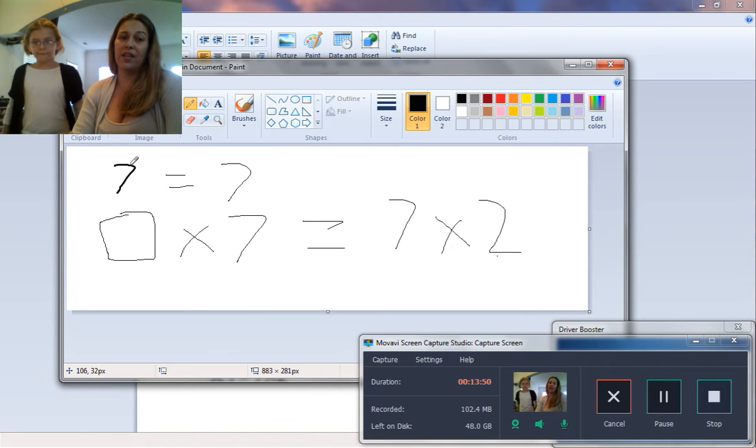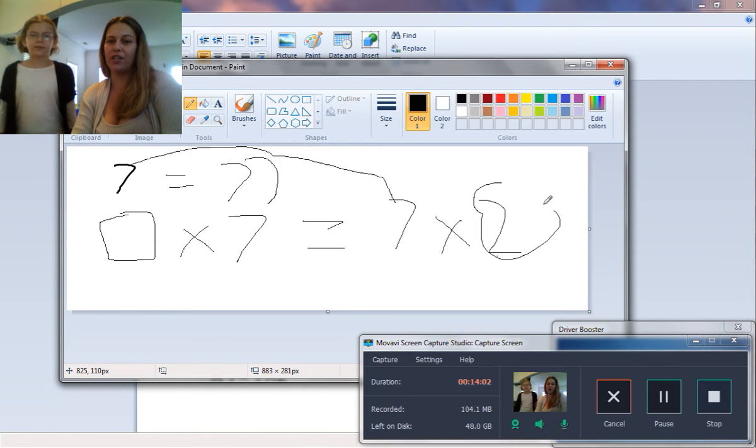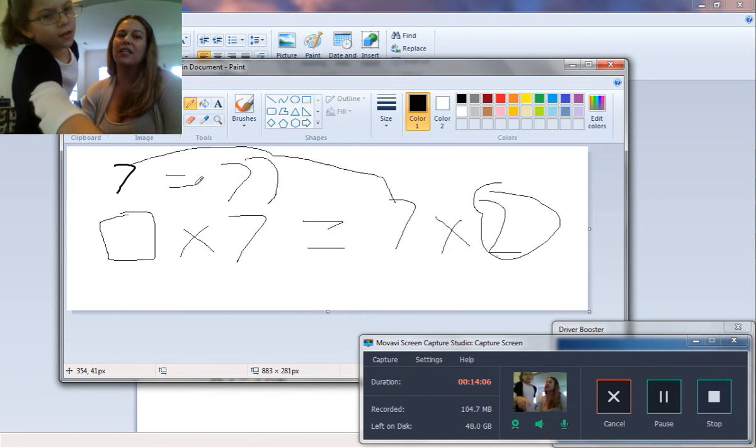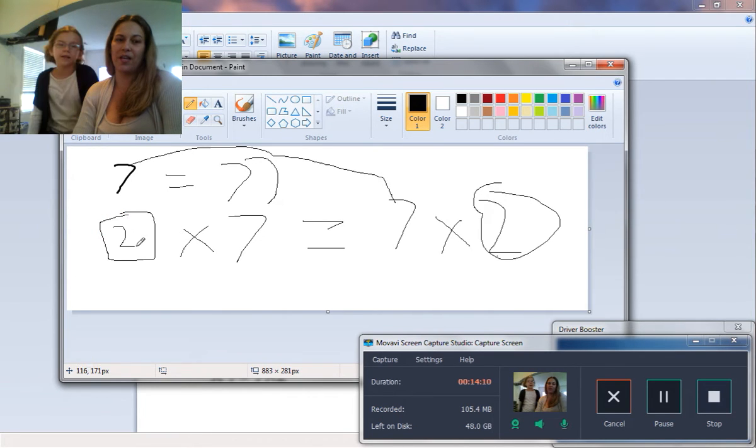See, this 7 meets this 7. And then obviously this 7 meets here. So where does our 2 meet? Is there a 2 up there? No, so we bring the 2 over there. Exactly, so we put our 2 here.